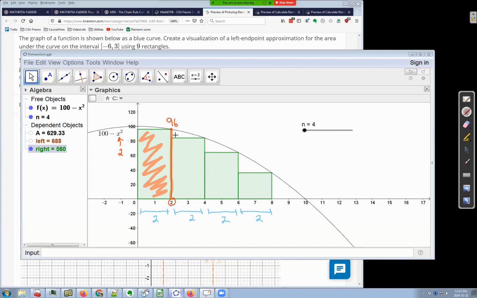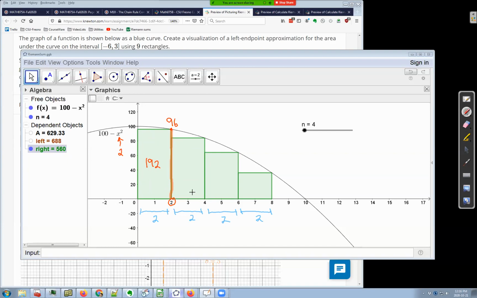If you put that into the function, you get 96. Great, so that means we know the area of that first rectangle. The base is 2 and the height is 96, and so that's going to be 192.